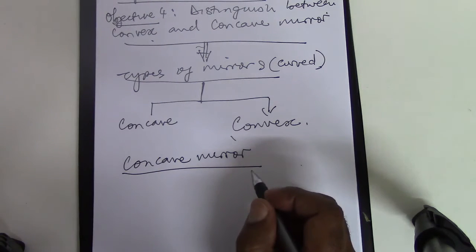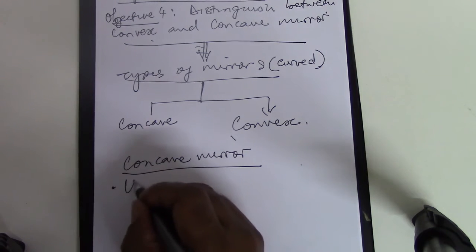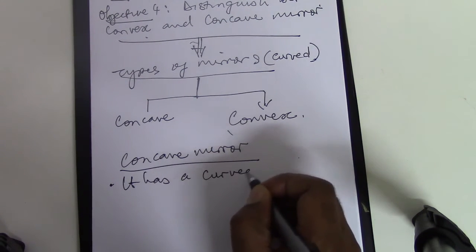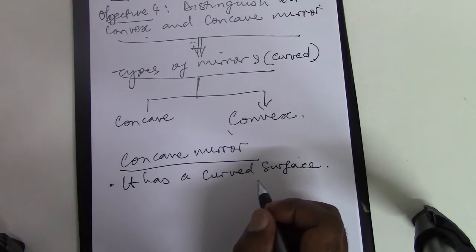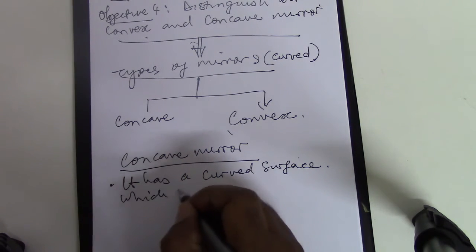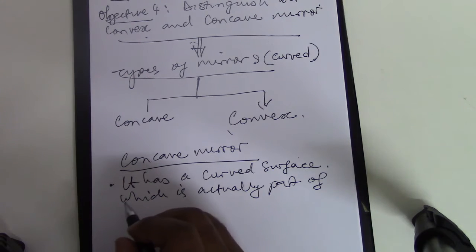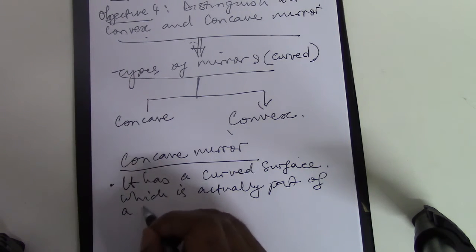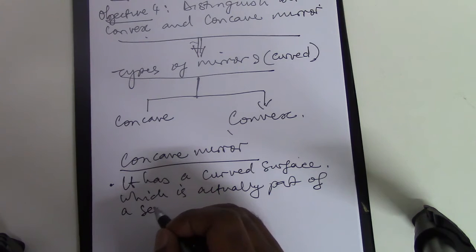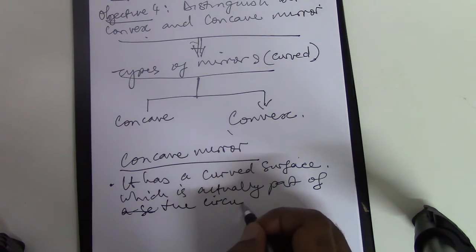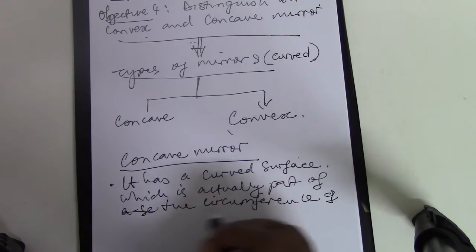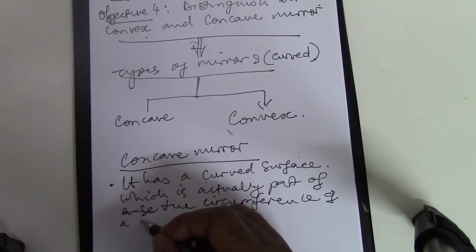Now, it has a caved surface, which is actually part of, let's say, the circumference of a sphere.